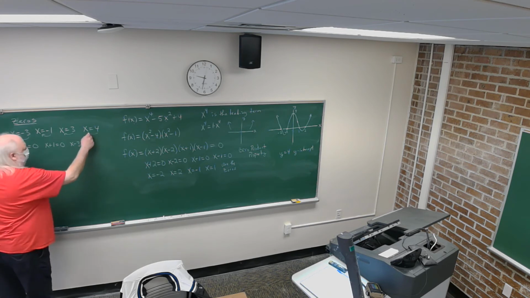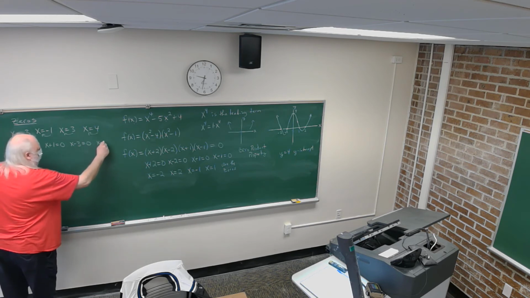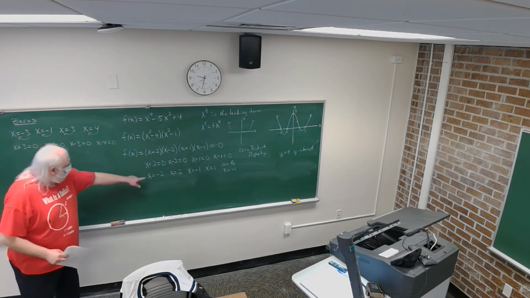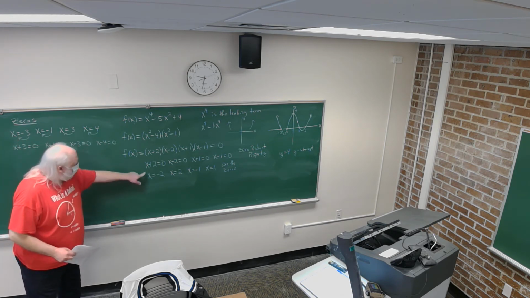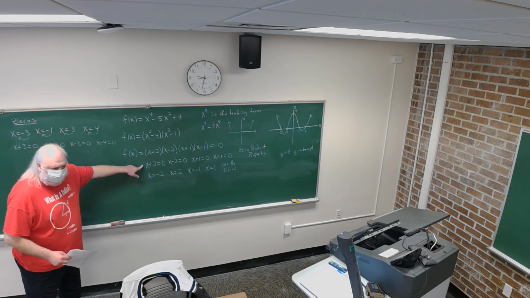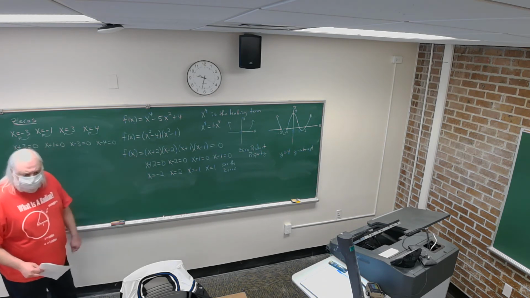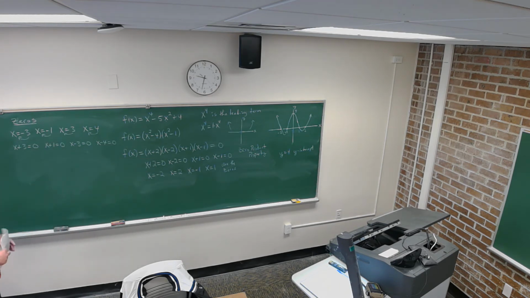And this one I subtract 4 from both sides, and I get x minus 4 is equal to 0. So I went from this step to the previous step. And now I'm going to go from this step to this step, writing f of x as a product of factors. So we're going in reverse.